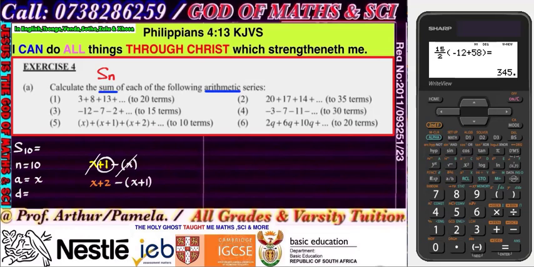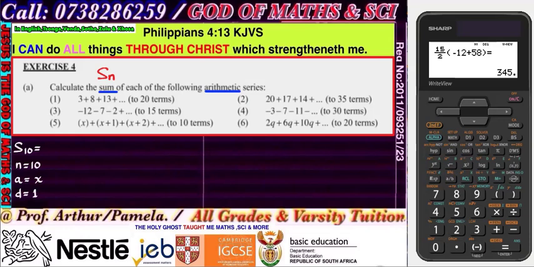Then what comes now is X plus 2. When you open the parentheses, you've got minus X minus the 1. So you can see the X cancels the X, and then 2 minus 1, you end up with 1. I convinced you the first common difference is 1.